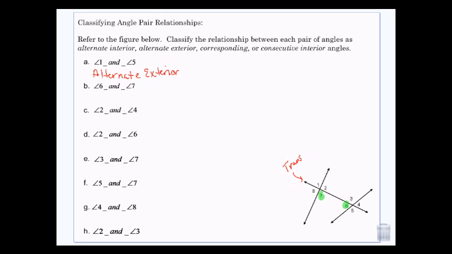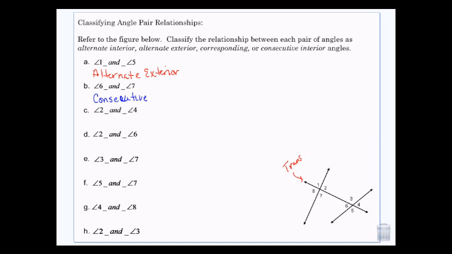Oops. Having trouble managing my pens today. Are they consecutive? 6 and 7 were on the same side. On the same side of the transversal on the inside makes them consecutive.